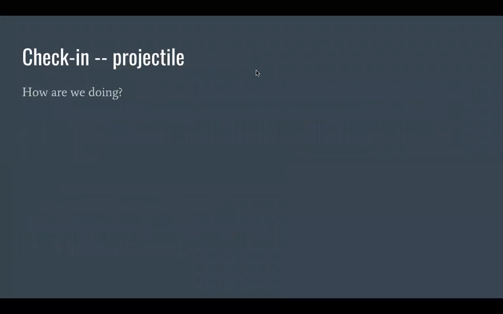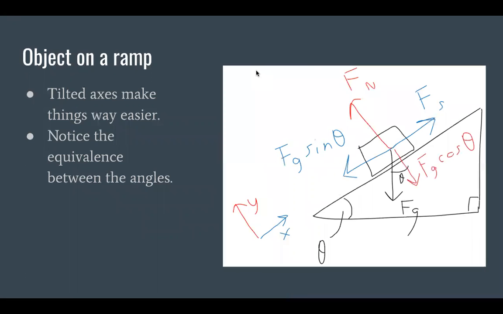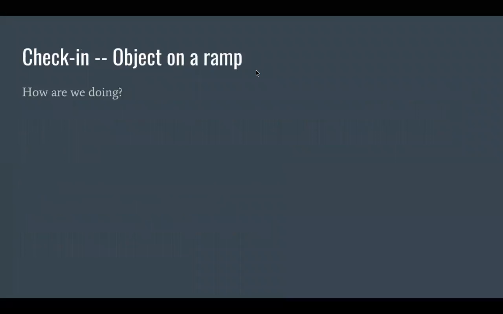Awesome. All right, so let's check in about the object on a ramp with the tilted axes.